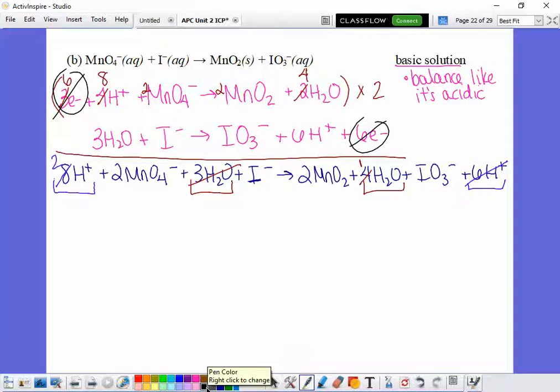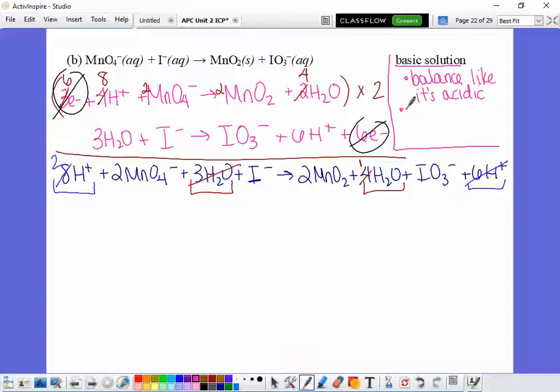All right, so now we're going to deal with the fact that it is basic. Once you have it balanced as if it were acidic, I'm not going to rewrite it right now, because we're about to do something more to it and then rewrite it eventually. If acidic has H+, what does basic have? OH minus. So we need to add as many hydroxides as we have hydrogens, and we have to add them to both sides of the equation.